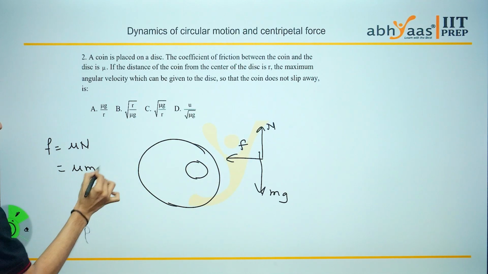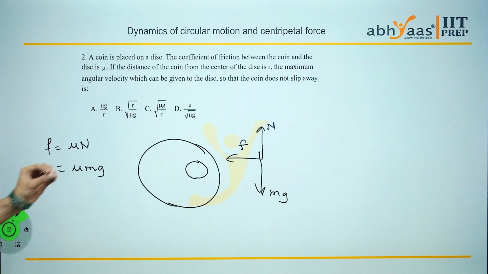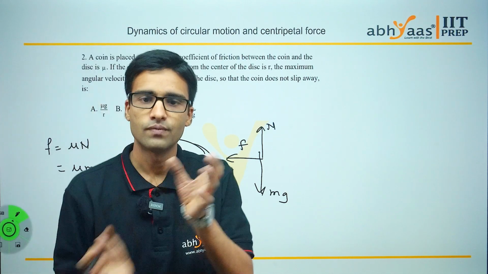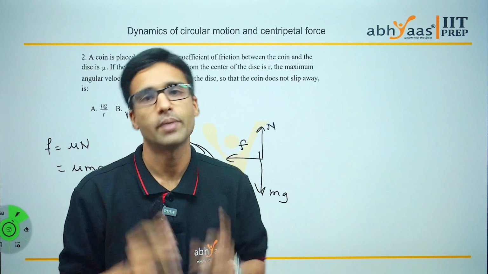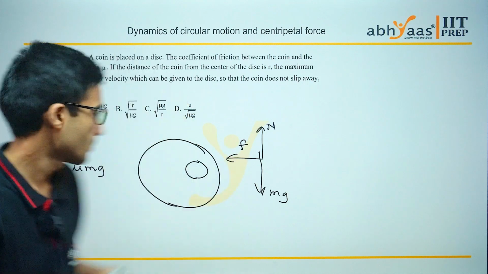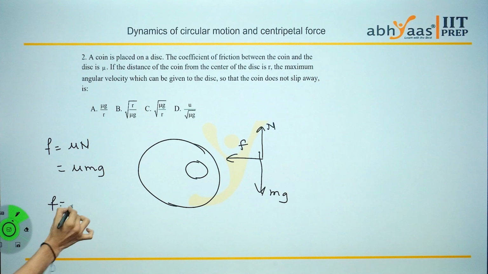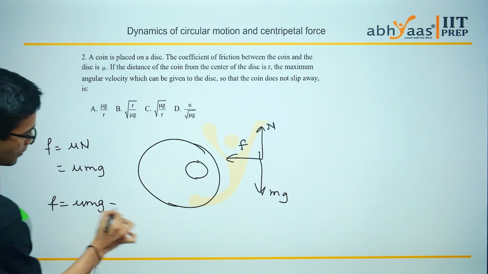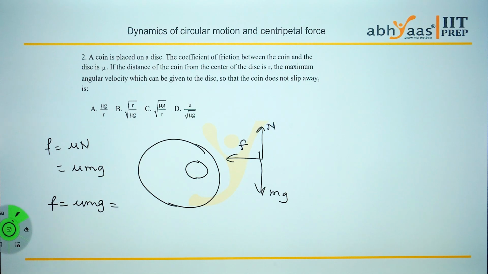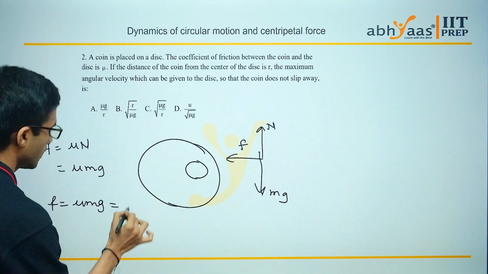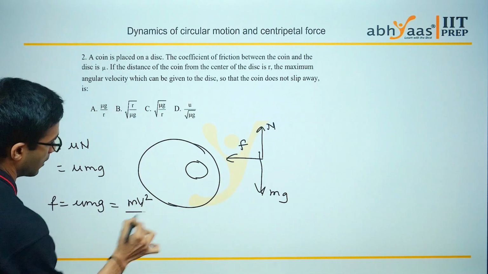So F is mu mg. But in order to rotate in the circular motion, we need centripetal acceleration. We need what? Centripetal acceleration. Now friction F is equal to mu mg, equal to the centripetal force, because of centripetal acceleration. That is mv square by r.